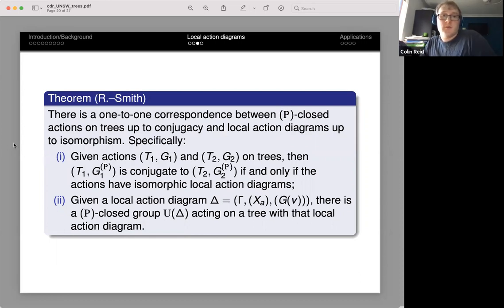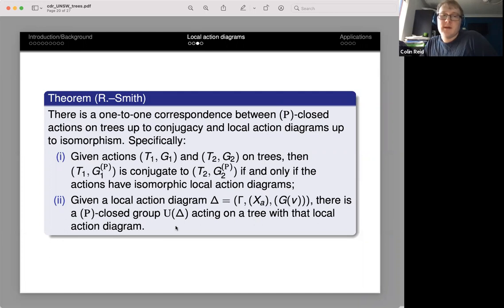So there is a one-to-one correspondence between P-closed actions on trees up to conjugacy and local action diagrams up to isomorphism. So if you take two actions on trees, then their P-closures are conjugate if and only if their local action diagrams are isomorphic. So the local action diagram tells you exactly what the P-closure of the original action is.